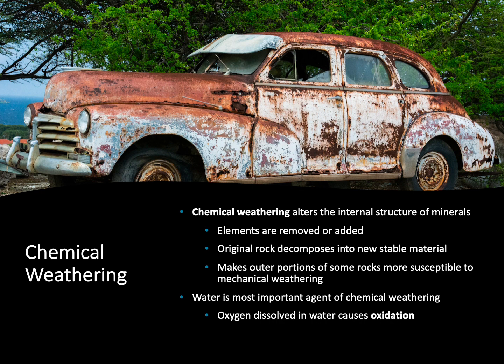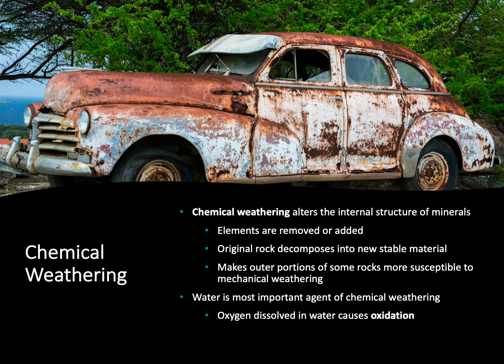So we're going to see that our original substance is going to change into a new material. But through this change, it's actually decomposing. It's getting lesser in quality. But by decomposing like this, it's going to make the outer layers of that rock more susceptible to further weathering.